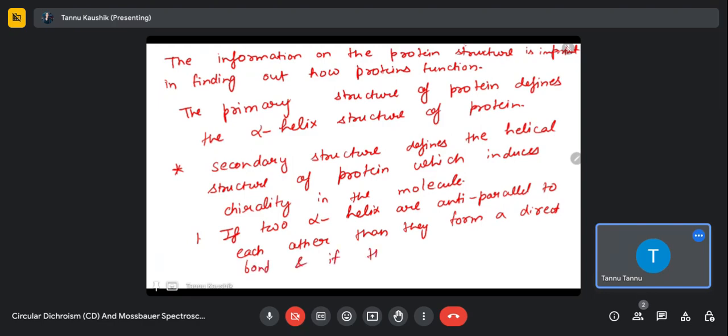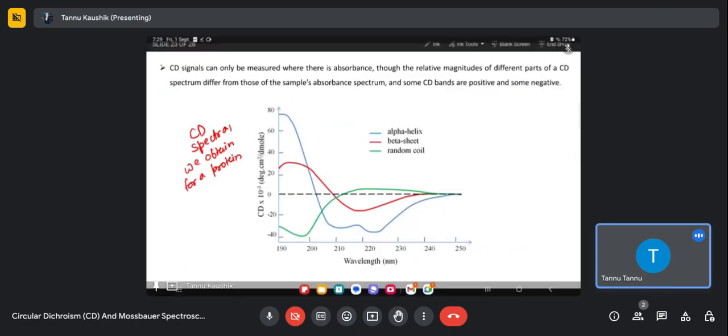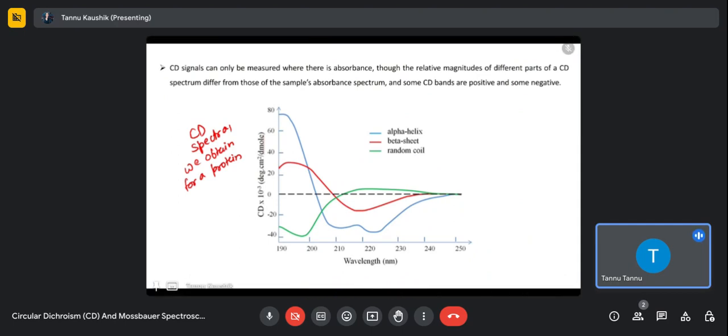And if they are parallel to each other, then there are skewed bonds between these alpha helix chains, and these beta sheets combine together to form the tertiary structure, which is the overall stable structure of the protein.